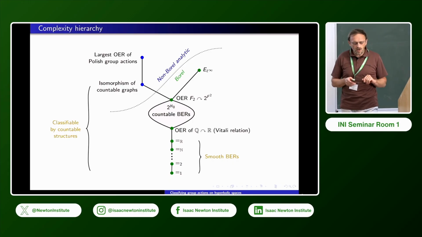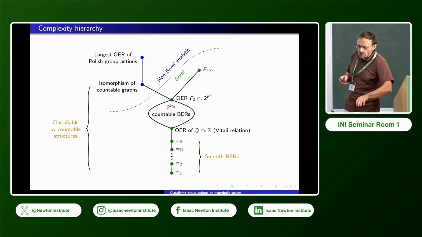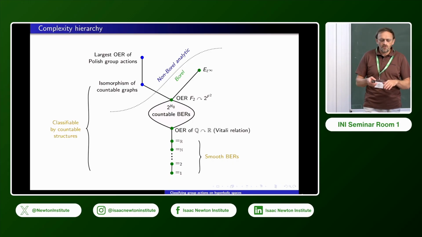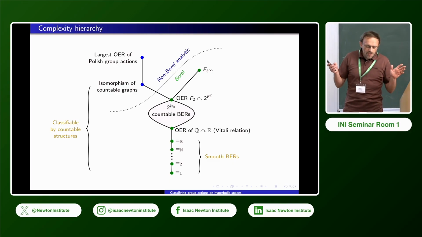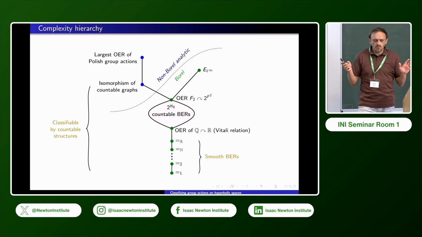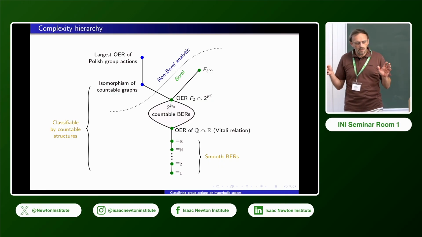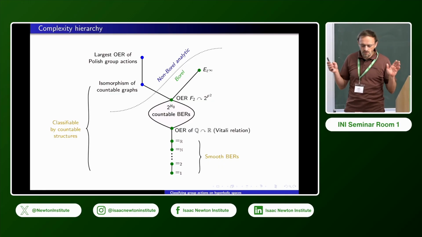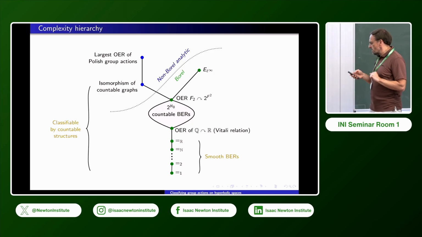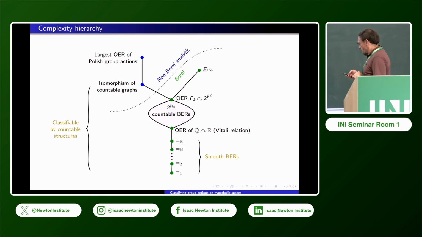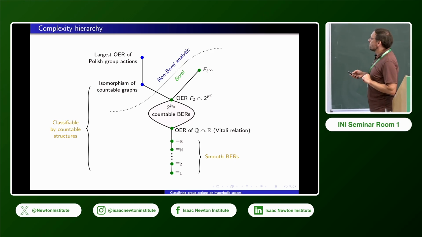Or you can say classifiable by countable graphs, but it turns out that if you replace graphs with arbitrary algebraic structures in the model theory sense, in arbitrary countable signature, you don't get anything else. So whatever is classifiable by countable structures can also be classified by countable graphs. And that's not very difficult.